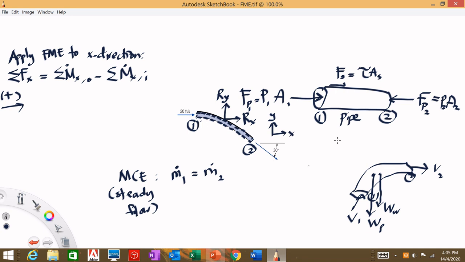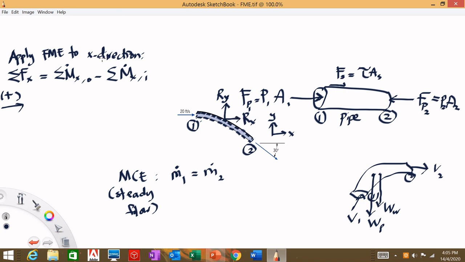Since we don't have pressure force, shear force, weight, or magnetic force, the only force is the force exerted by the water on the vein. Therefore, you should have a support on the vein so that it won't move. This force needed to support the vein I call the reaction force, and I assume it to be in the right direction.